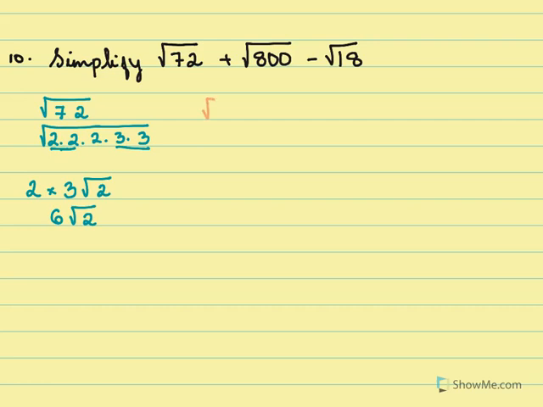Now we get on to the next one, that is under root 800. Now 800, when you do short division like this, you'll do 2, you'll get 400, then 2, you'll get 200, then 2, you'll get 100, then 2, you'll get 50, 2, 25, 5, 5.